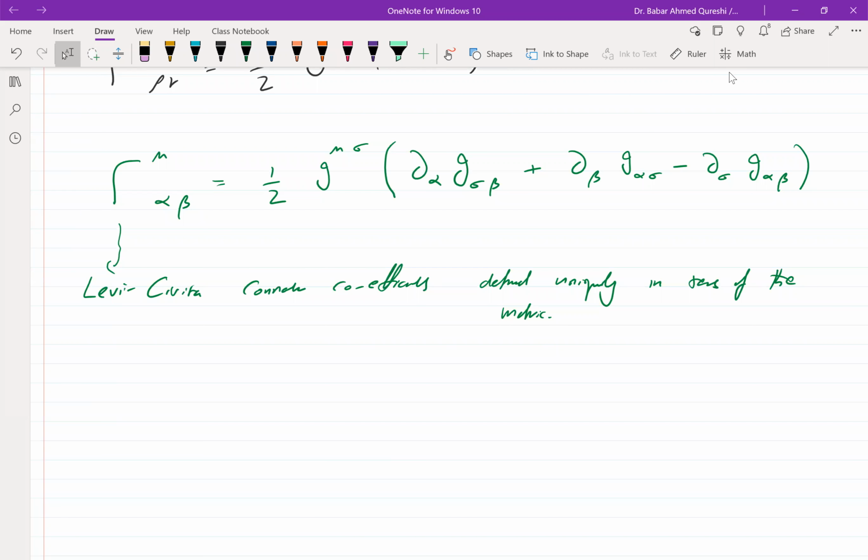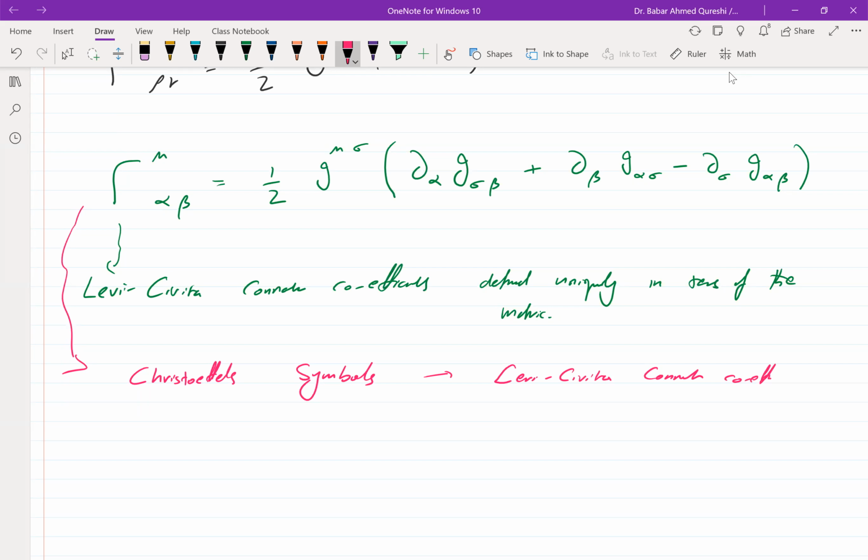If you recall, this is exactly what we were calling Christoffel symbols. So Christoffel symbols are just the Levi-Civita connections. People call them anything they like, Christoffels or Levi-Civita.